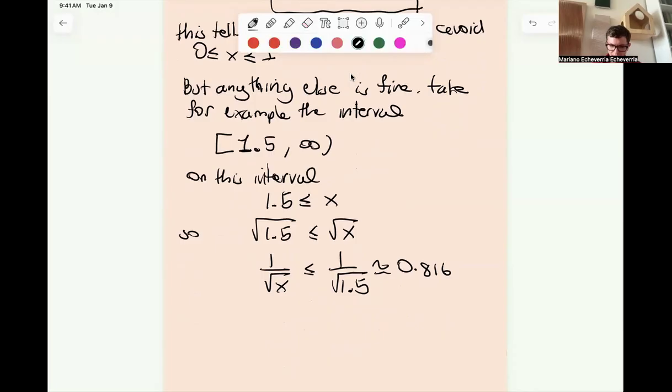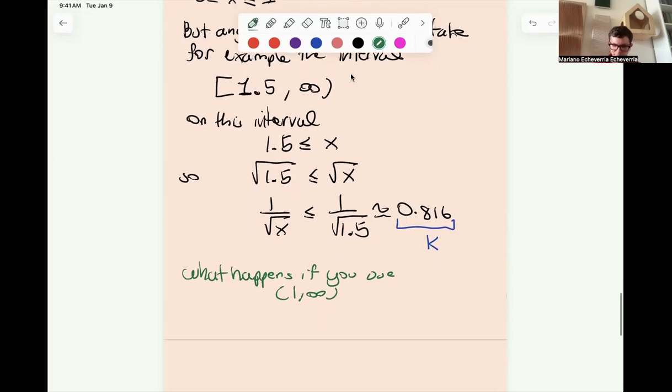So yes, what happens if you choose the interval 1 to infinity? You run the same argument.